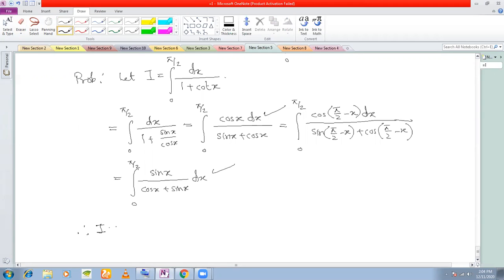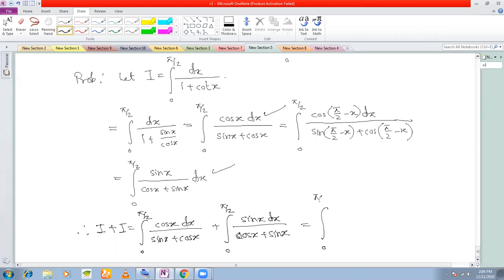Therefore, what is I plus I? 2I is integral 0 to pi by 2 cos x dx divided by sin x plus cos x, plus integral 0 to pi by 2 sin x dx divided by cos x plus sin x. Now you combine these two: integral 0 to pi by 2 of cos x plus sin x divided by cos x plus sin x dx.